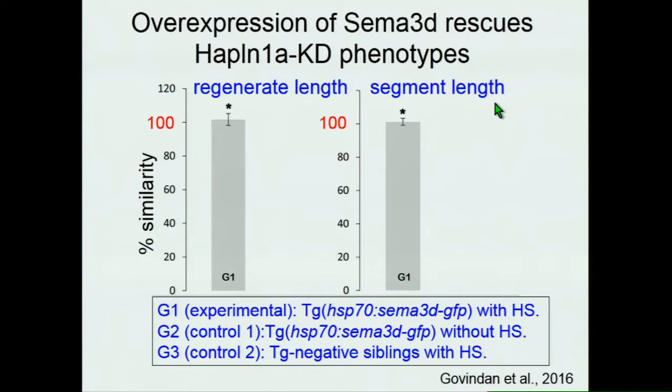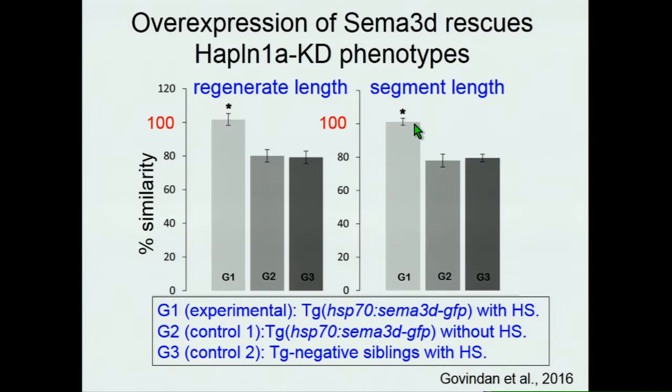Demonstrating that overexpression of Sema3d, in fact, is rescuing the Hapln1a knockdown phenotypes. As controls, we also tested the transgenic line without heat shock, and we failed to see rescue. And we used transgene negative siblings treated with heat shock, and we also failed to see rescue, right?